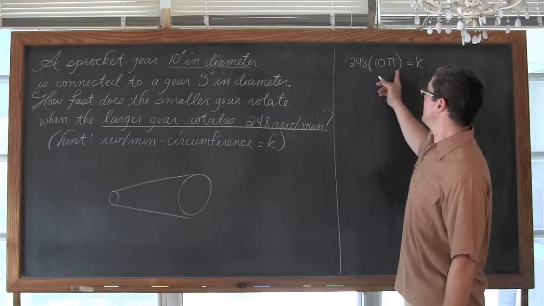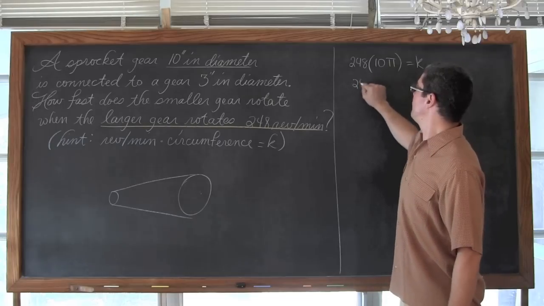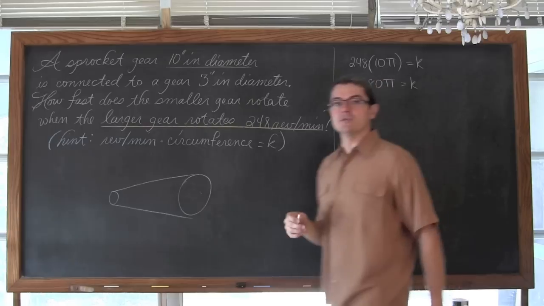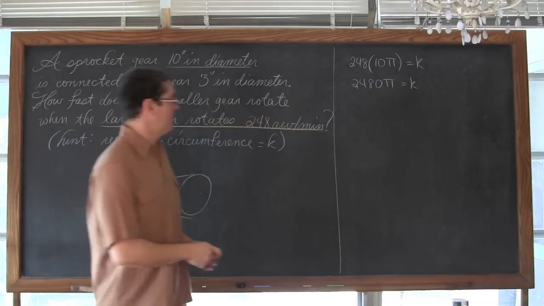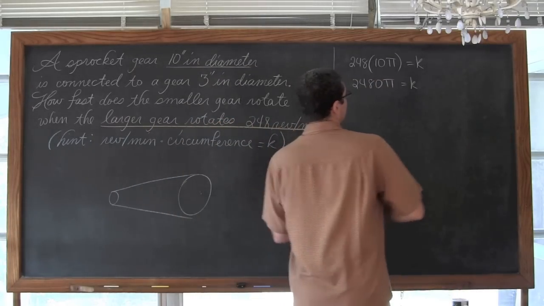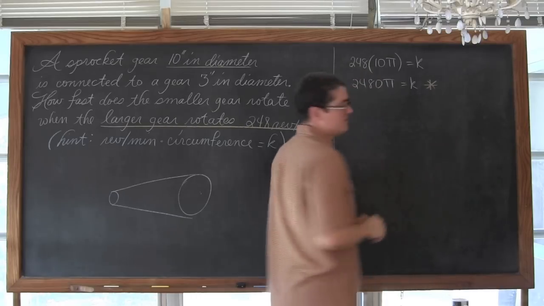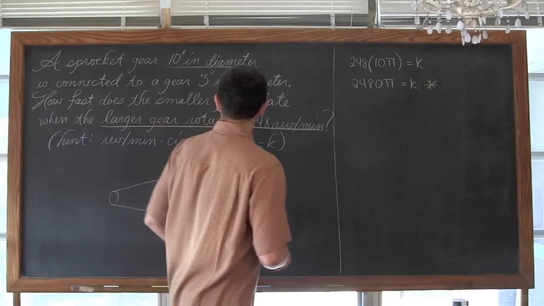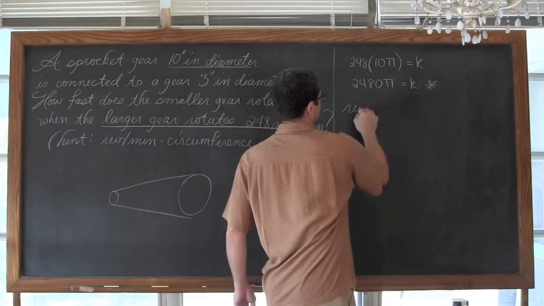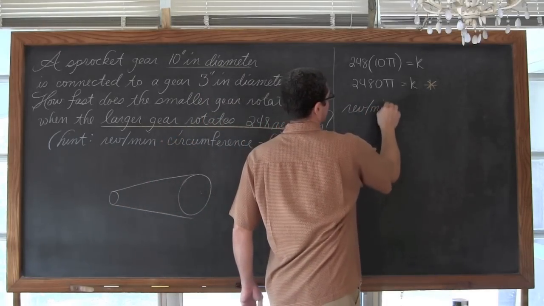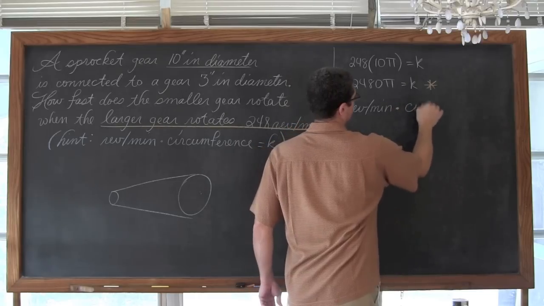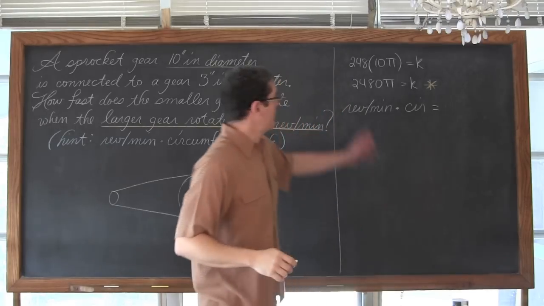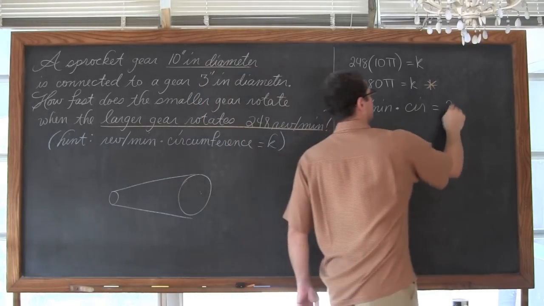So we have 248 times 10 pi, which is 2480 pi, is what k is equal to. So we're given enough information to find that constant of change so that we can actually write out the equation, which is revolutions per minute times the circumference is equal to k, which I was about to write k, but we now know it's 2480 pi.